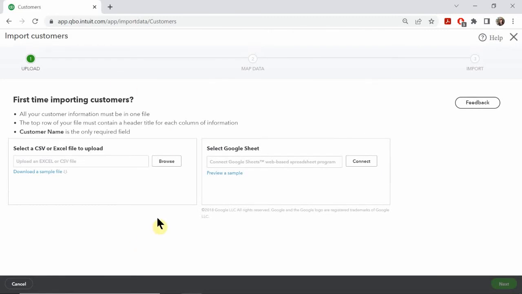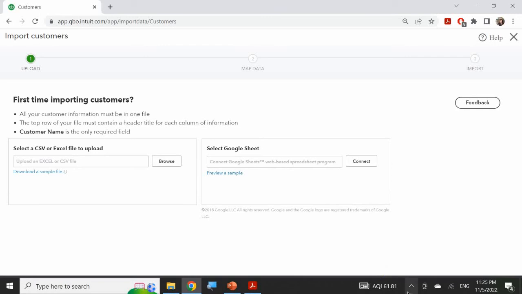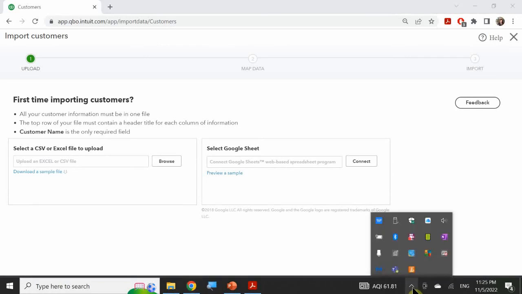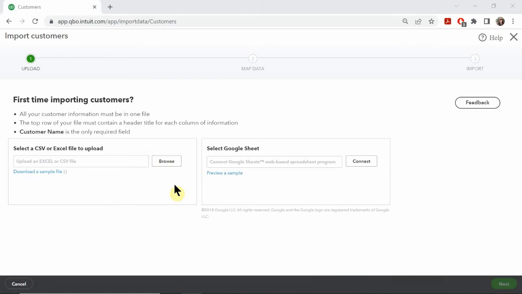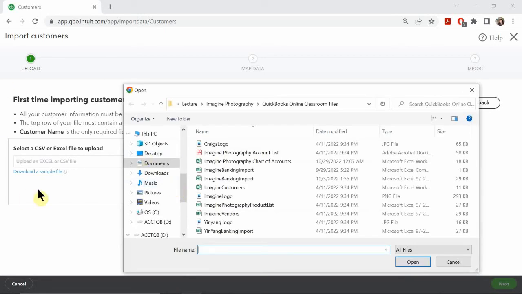Once again, we already have a preset file on our desktop. We're going to click browse. If you need a sample file of what the file should look like or how to organize it, you can click this button here to download a sample file so you know exactly what kind of headers you need to have on your file to import the data.